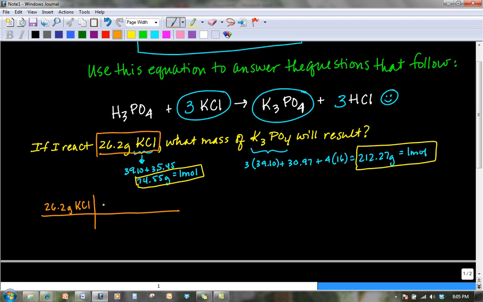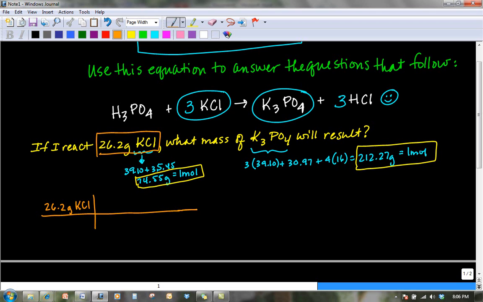So remember, what we've got to do here is we have to change grams of KCl to moles of KCl so that we can use the mole ratio to switch from KCl to K3PO4. Then we're going to be changing moles of potassium phosphate to grams of potassium phosphate. So this problem becomes a little bit longer.